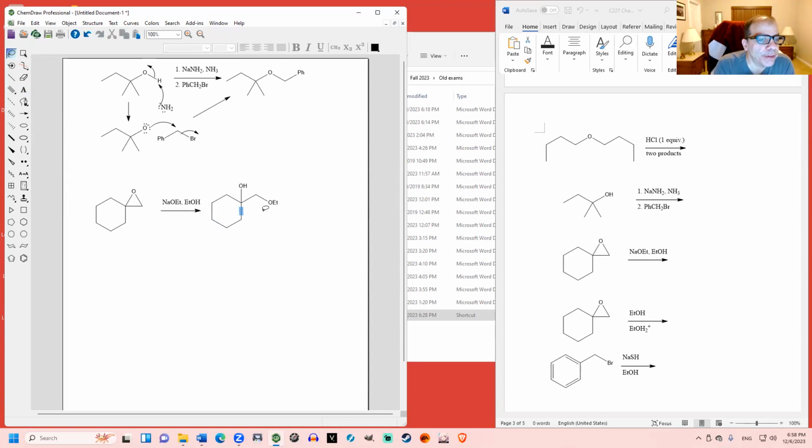Should have 7 carbons besides the ethoxy group. 1 and 6 make 7. So the ethoxide attacks the less hindered carbon. And we'll do the mechanism. Attacks the less hindered carbon, less substituted carbon. Because it's an anion, we're in alkaline or basic conditions. And that was one of the things we said about alkaline ring opening of an epoxide.